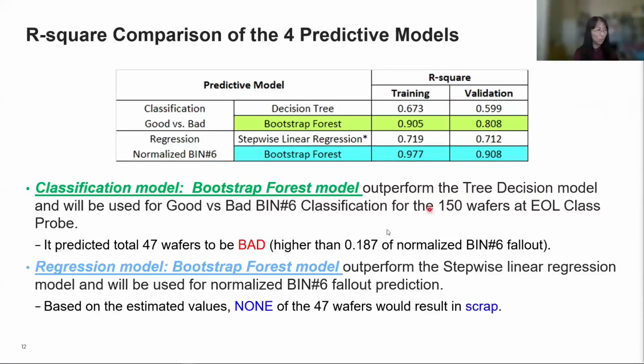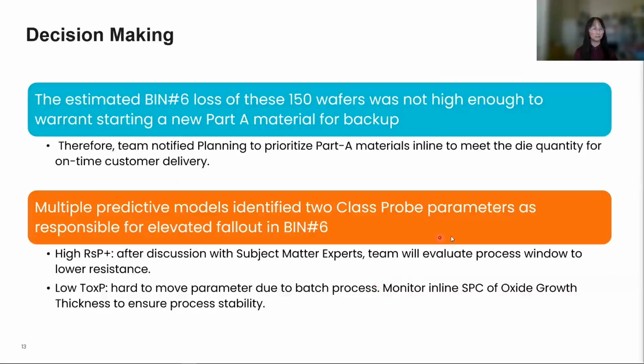Okay, so in the end, we know that about 47 wafers will be bad, which means elevated bin 6 for, but none of them will trigger the scrap limit. So we decided, okay, we will send down all those 150 wafers to Uniprobe. 4 weeks later, we will get the Uniprobe data and we will review how good our model is.